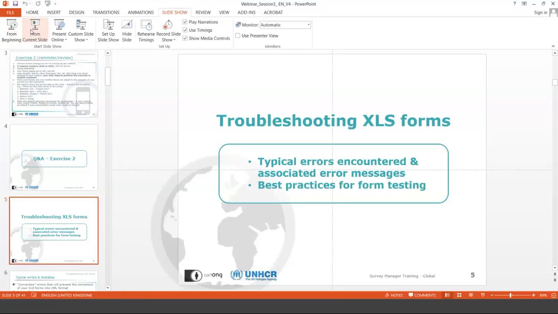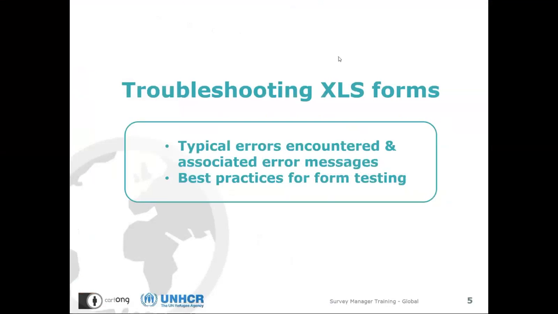Okay, then we would move to our probably main topic today, which is troubleshooting XLS forms. And this is something that you will encounter no matter how often you have done and changed XLS forms, because it happens all the time that you change something and then you might not pay 100% attention, or you just don't realize that some things are linked immediately, and aspects like that.